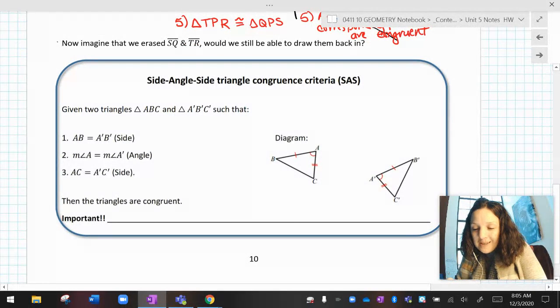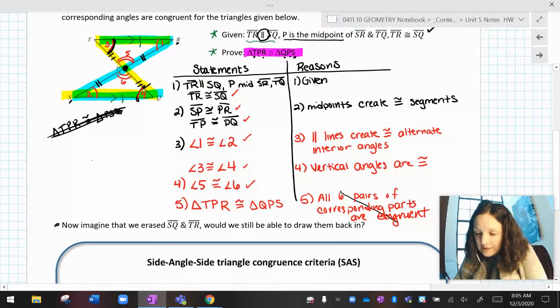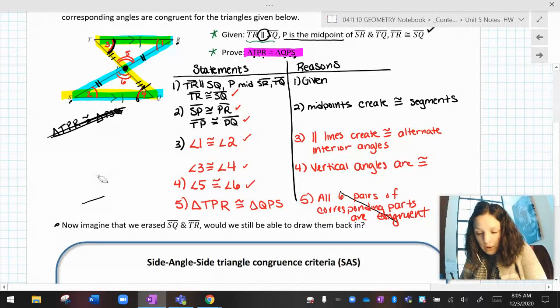So the shortcut is this, side angle side congruence criteria. Right above this, it says, now imagine that we erased SQ and TR. Would we still be able to draw them back in? And the idea there is that if I were to draw this, and not have the top and the bottom, I could draw them back in because I would really just be containing fixed endpoints already, okay?